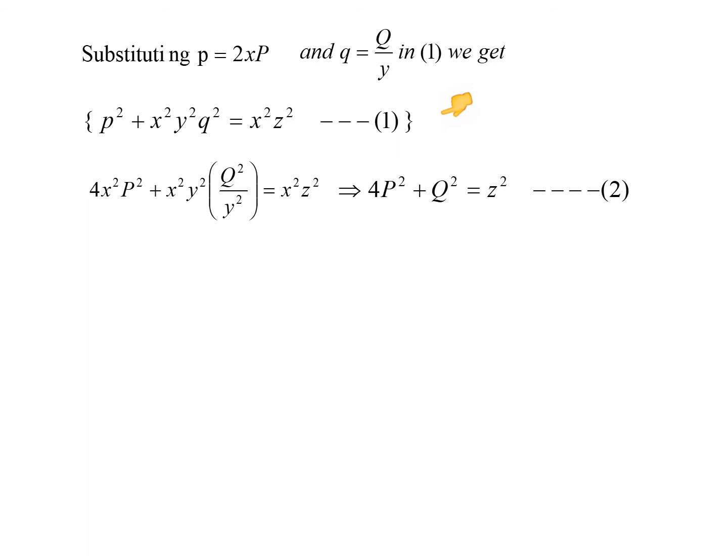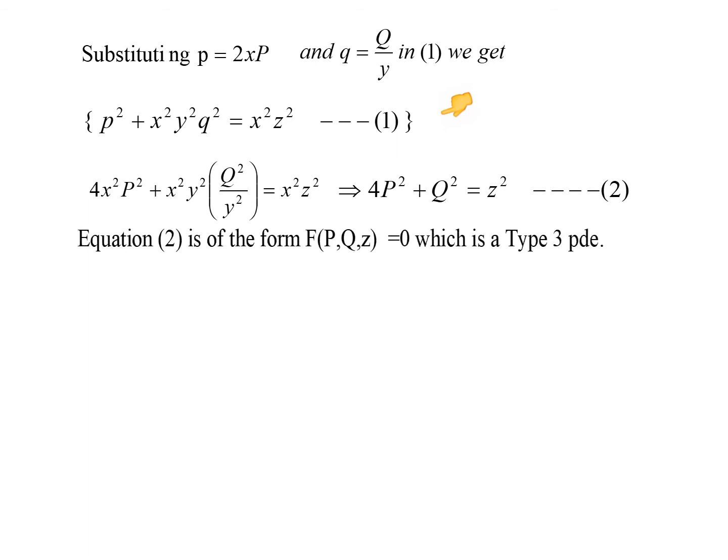So we have this. Now this is not the exact solution, but it is another partial differential equation, because capital P and capital Q are partial derivatives. So this is another PDE. Call this PDE equation 2. Now observe this PDE. Have you ever seen this kind of partial differential equation already?